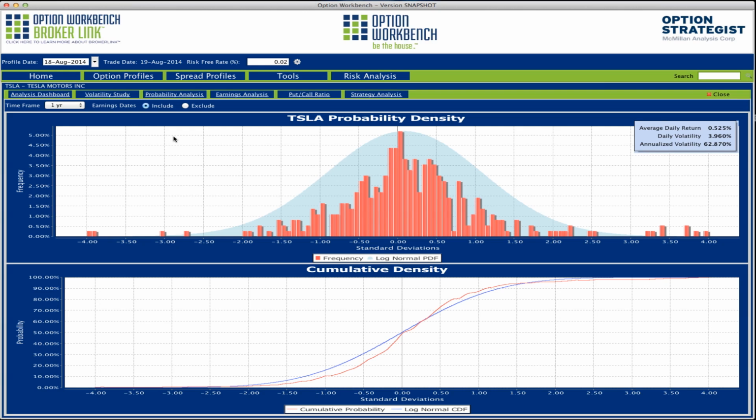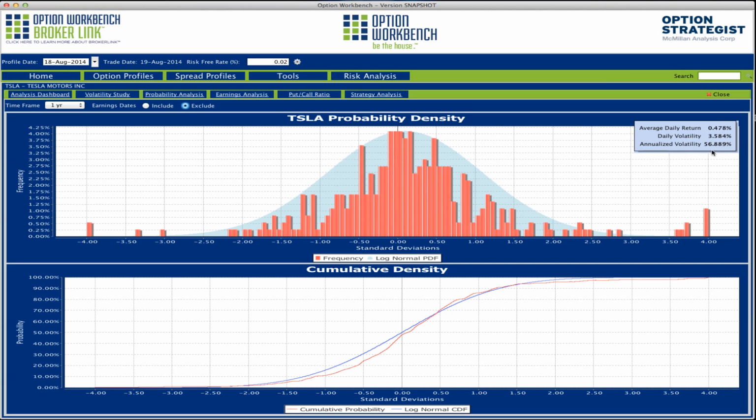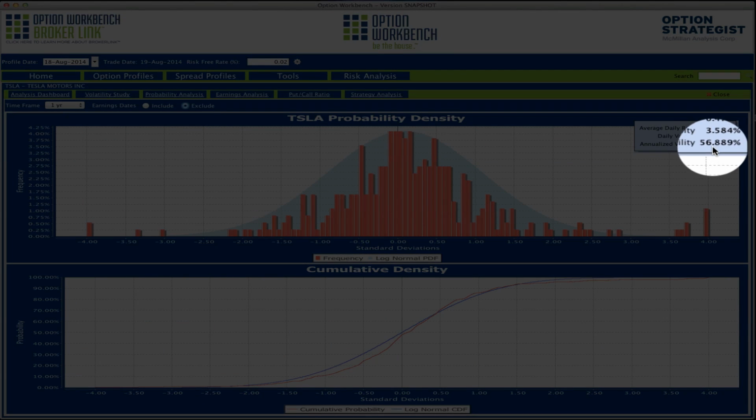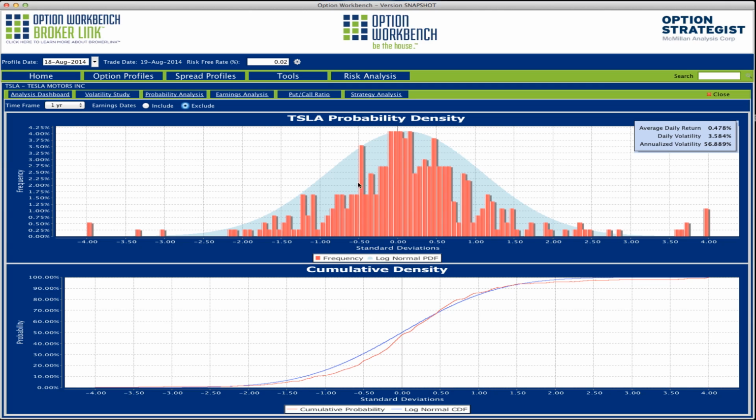Now that also includes earnings dates, so I can exclude earnings from that, and that lowers it down to 56.9%, call it. And what I want to do is go back 3 years.